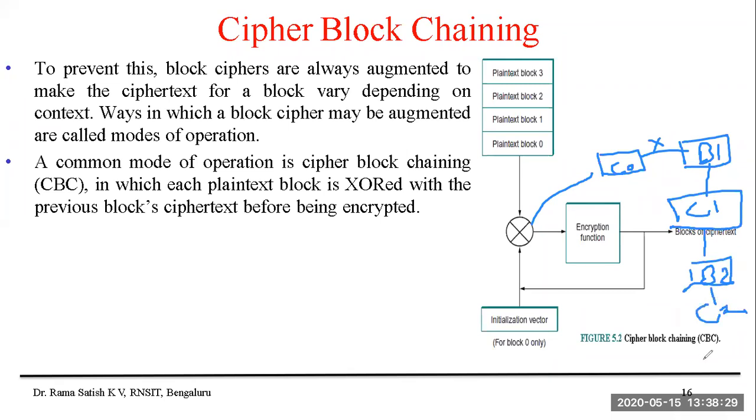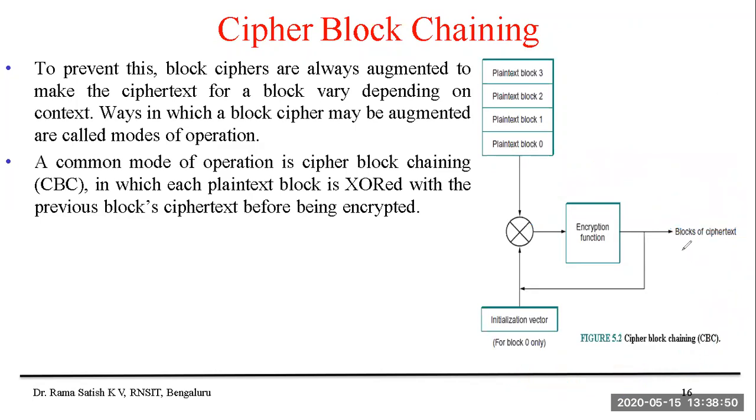And this C2 is again XORed with B3, and you get C3. Now C0, C1, C2, C3, they combine all these and write it as one ciphertext, and these cipher blocks are sent to the network for transmission. Even if some expert sees it, they cannot understand.